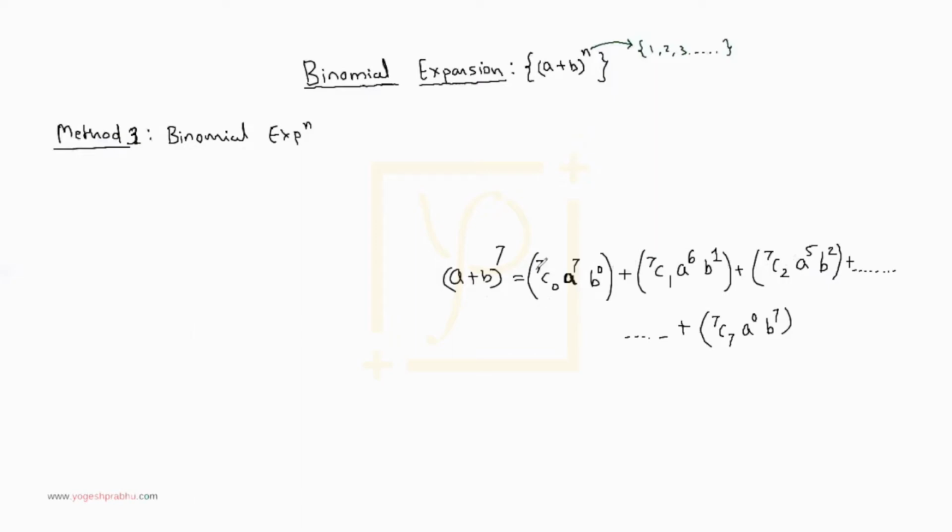Now I have to explain to you how this 7c0 and 7c1 is going to be. But before that, let's do that first. If you want 7c0, the formula for that is called nCr, and the formula for nCr is n factorial divided by r factorial times n minus r factorial.